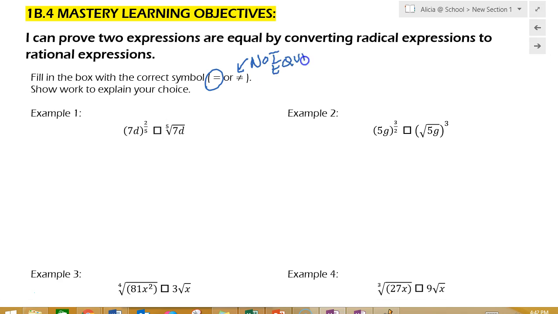So that's the two things we're going to be proving: are our expressions equal or not equal? And the one thing that's going to help us out is that in these examples, we're always going to convert our radicals, anything that has that little radical symbol, to rational exponents.